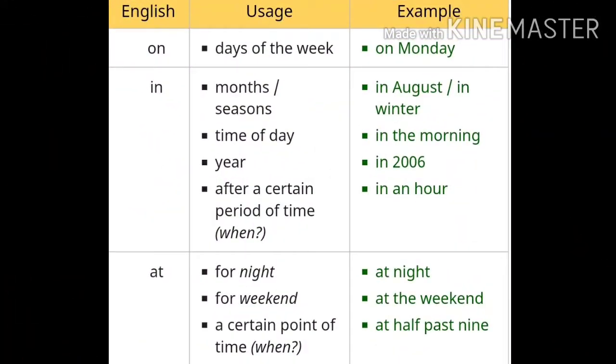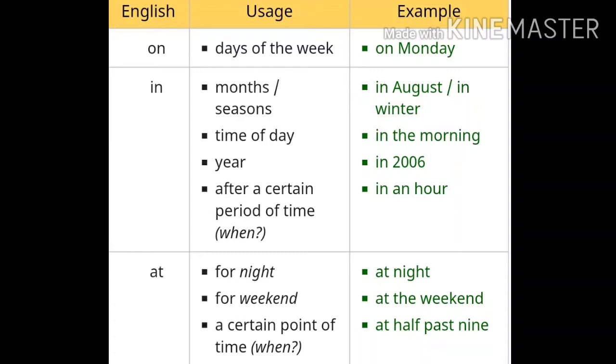So, this is the preposition of time. Jadi, ini adalah kata depan yang menunjukkan waktu. There is on, in, and at. We use on when we want to talk about days of the week. For example, on Monday. And in we use when we want to talk about month or season, bulan atau musim, time of day, year, and after a certain period of time, dan setelah beberapa periode waktu.